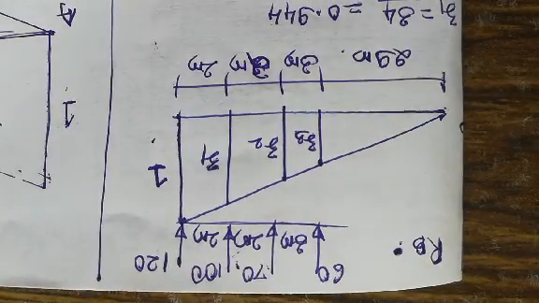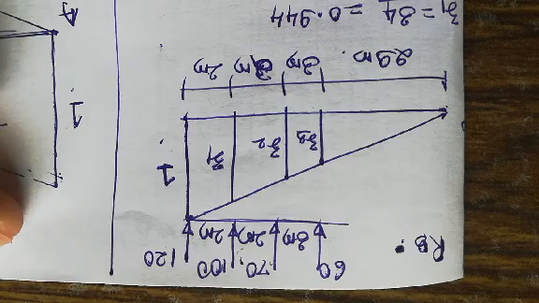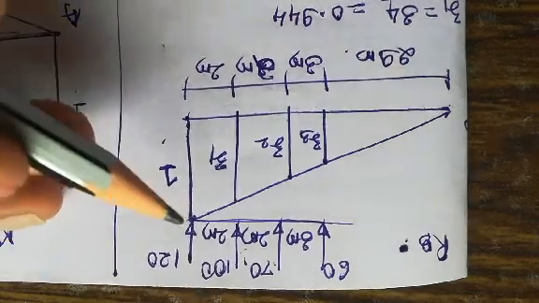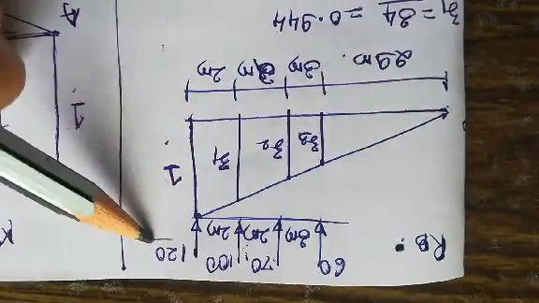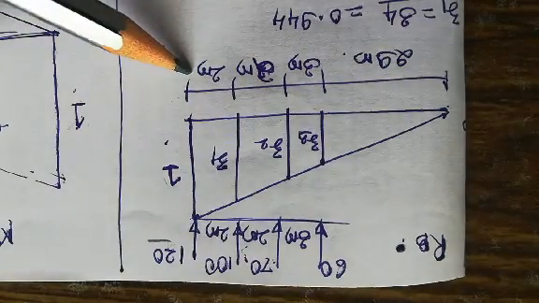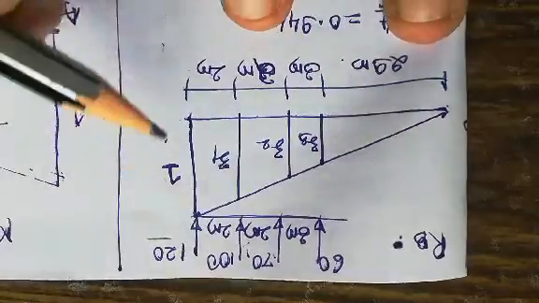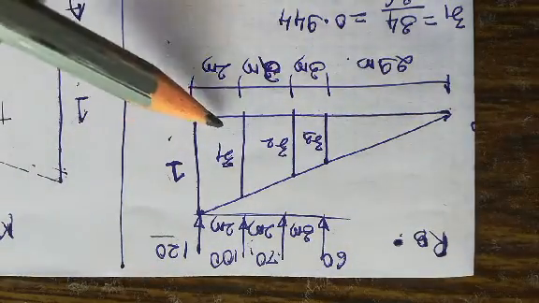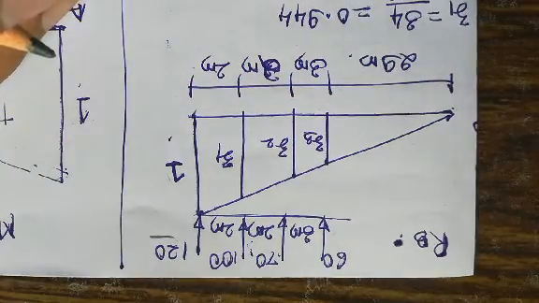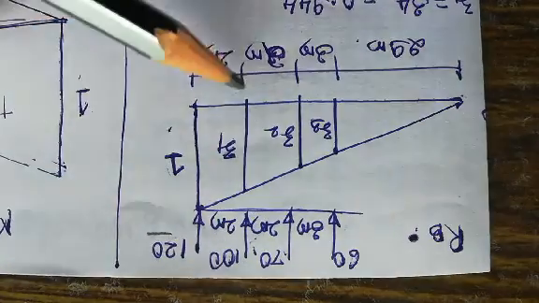Now next for RB. To calculate reaction RB, the head of the load should be on B. So I have placed the head of the load, that is 120, on B, and the influence line diagram is as given. Now we have to calculate Z1, Z2 and Z3 for the given loads.